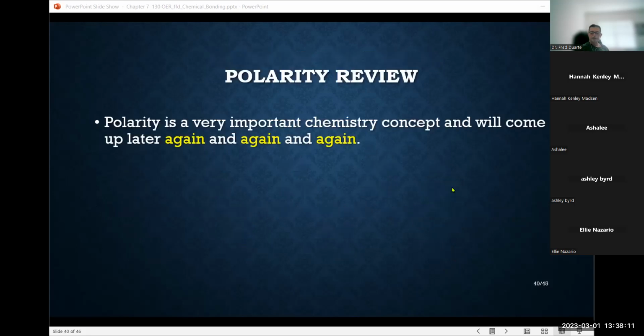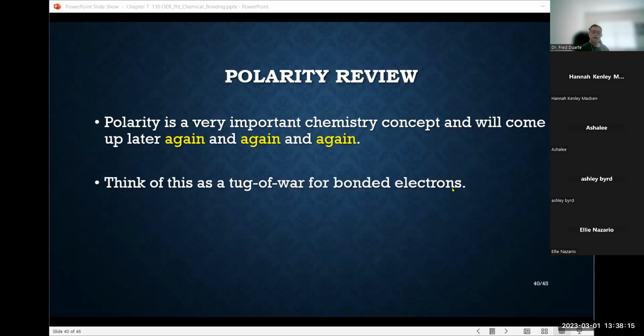Polarity is something that happens over and over again. It keeps showing up, and it's going to show up quite a bit down the road, so it's a concept that we need to grasp. Again, we use the concept of tug of war between bonded electrons.